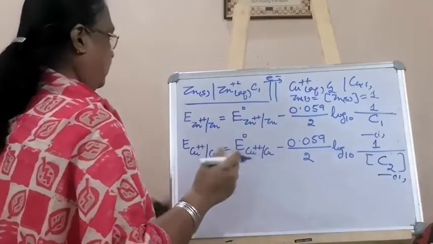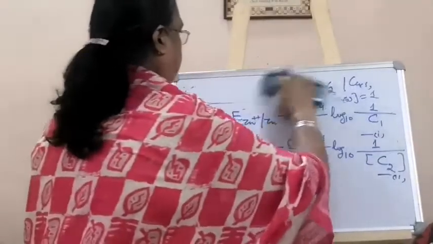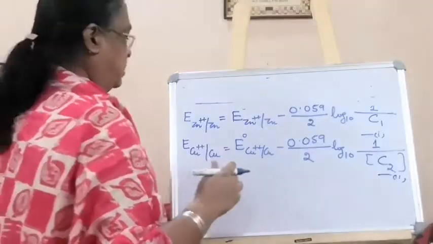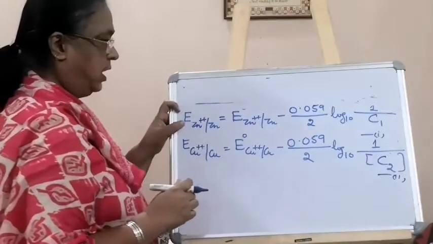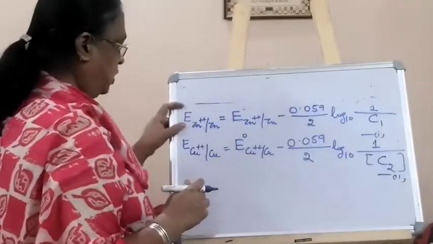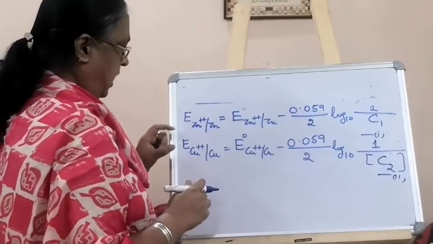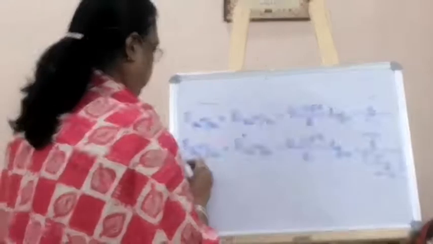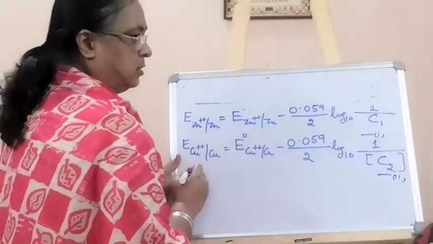Now we will use these two equations. Through this you can find out the electrode potential of this half cell and of this other half cell, and now you can find out the cell potential.